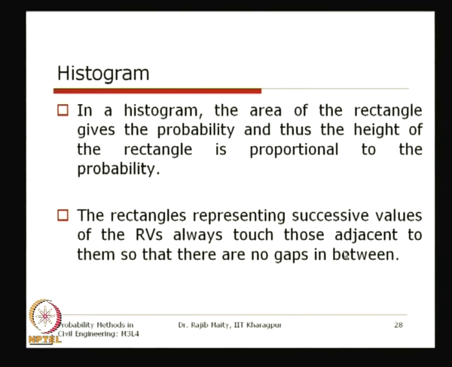There are other ways in which we can graphically represent this. The first one is the histogram. In a histogram, the area of the rectangle gives the probability, and thus the height of the rectangle is proportional to the probability. The rectangles representing the successive values of the random variable always touch those adjacent to them, so that there are no gaps in between.